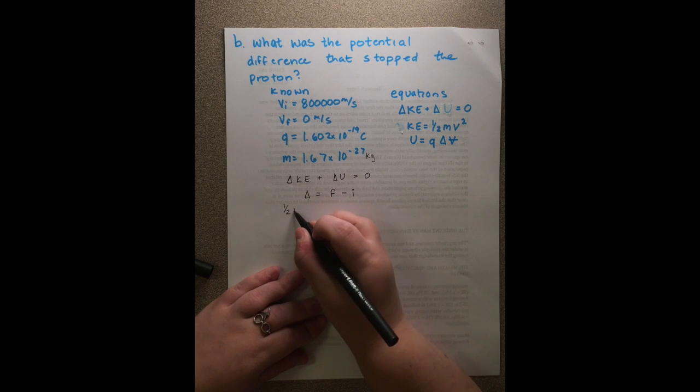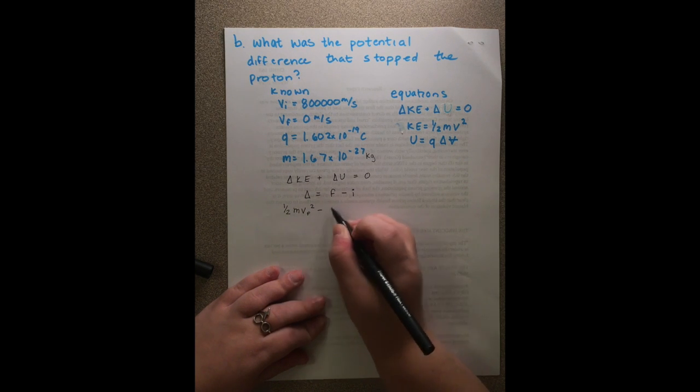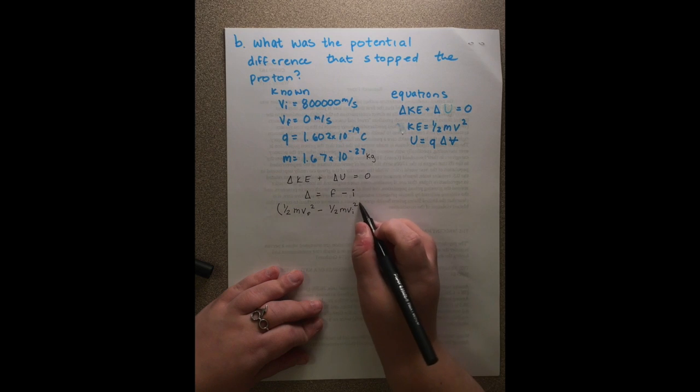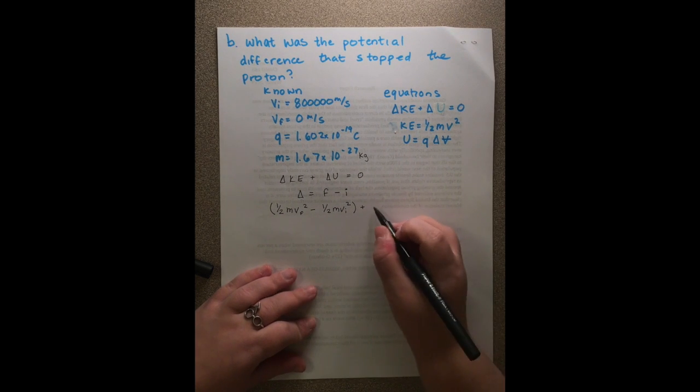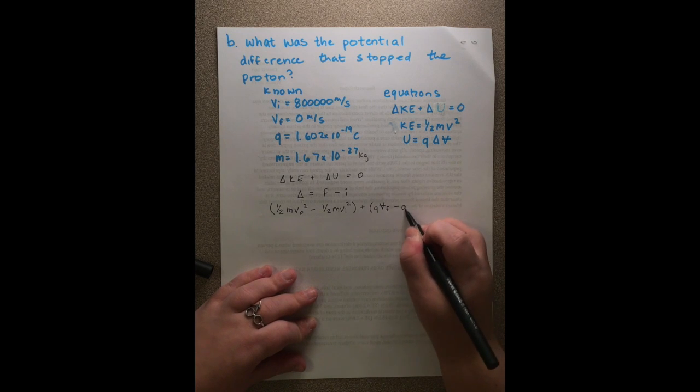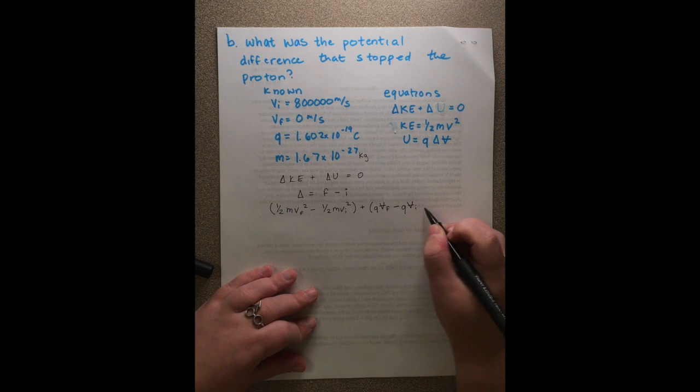1/2 mass times velocity final squared minus 1/2 mass times velocity initial squared plus the charge times potential final minus charge times potential initial.